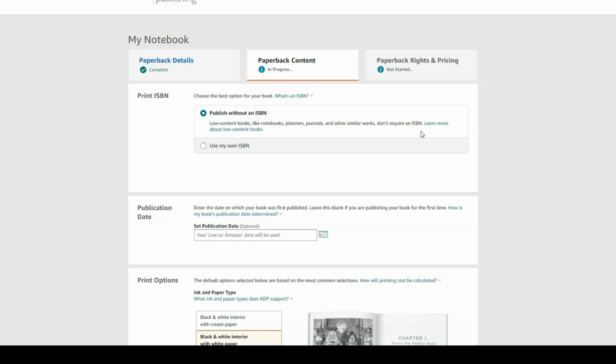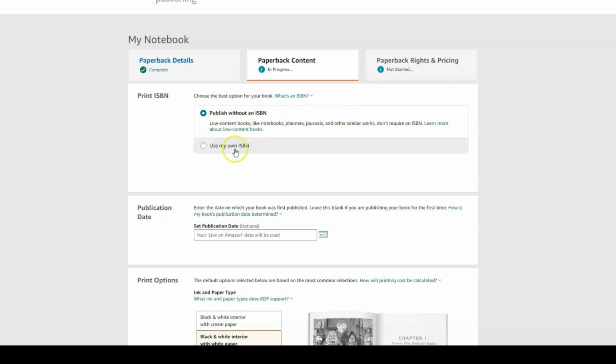Written books do, like fiction, non-fiction books, of course they have an ISBN, and if you're publishing that kind of book and you want to buy your own ISBN and not use the free one with Amazon, then you would click this. But for a simple notebook, we're just going to publish without an ISBN.